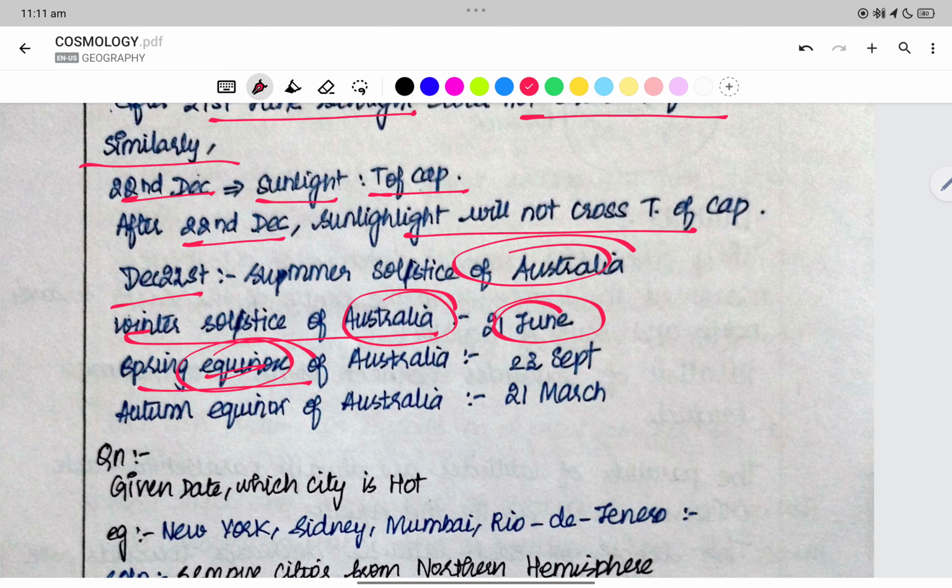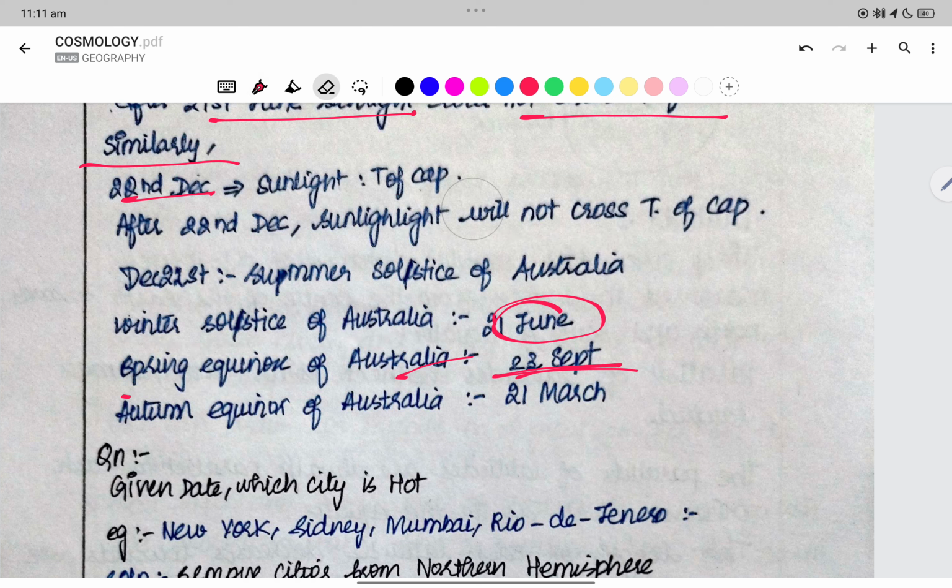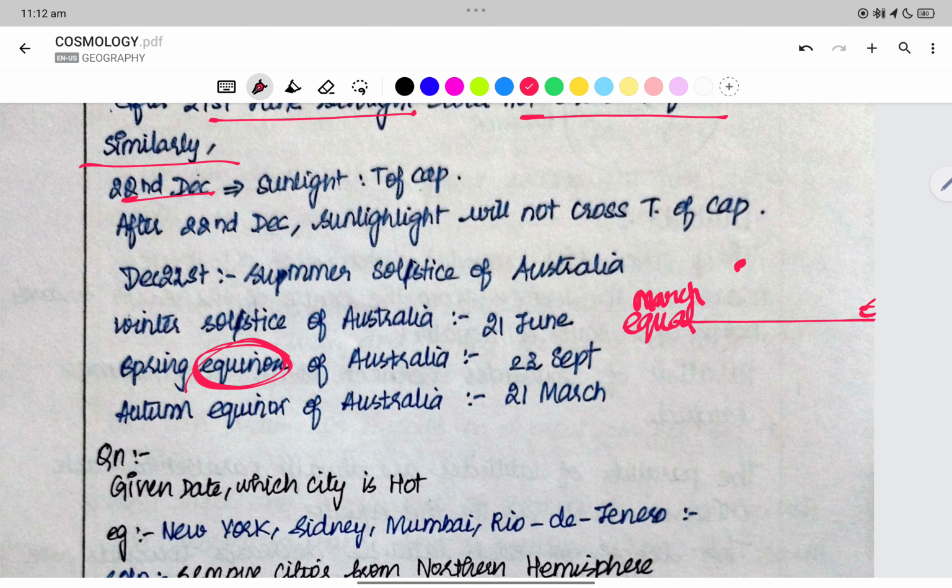Spring equinox: equinox means equal time. After spring we will have the summer, right? The spring equinox is 23rd September for Australia. The first equinox has equal time at the equator. If it is March, then the sun goes up, April, May, June.